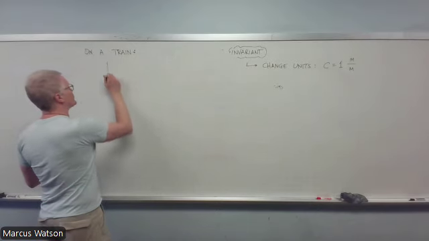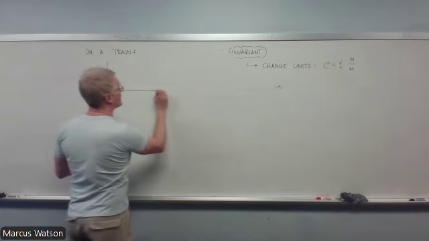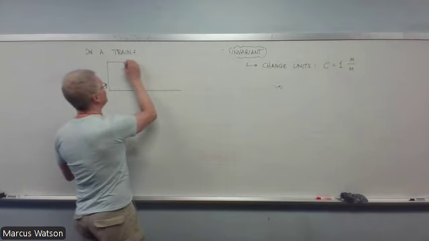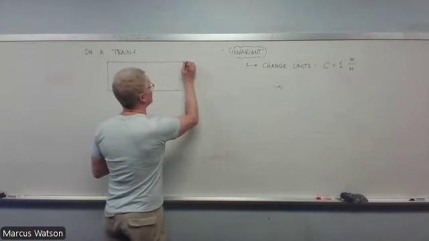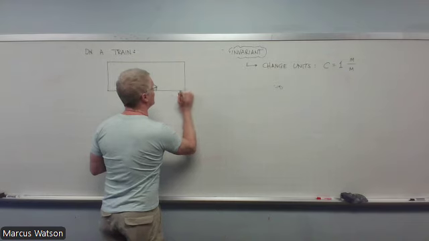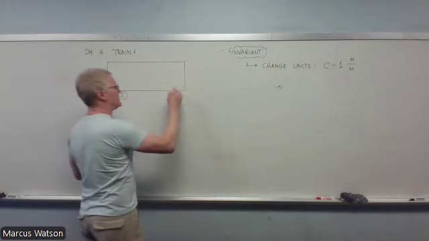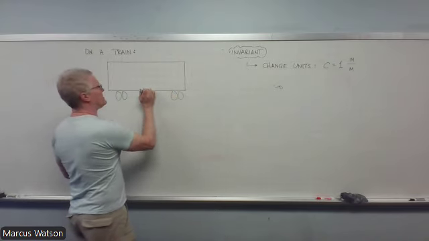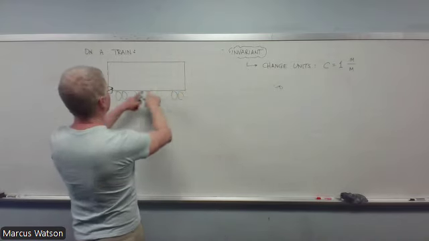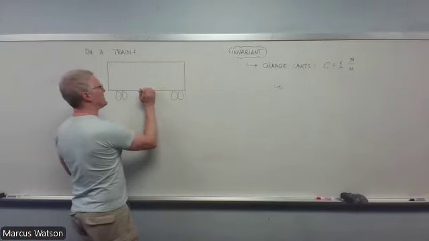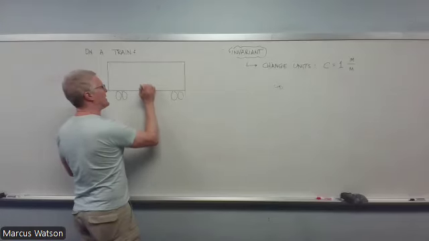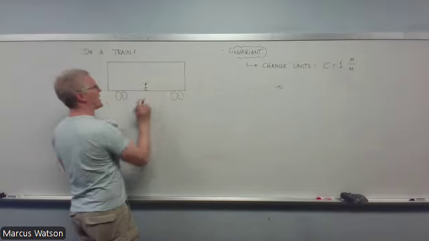So here we are on a train, and what we've done is we've installed in the middle of the train, let's see, where's the middle of this train? Looks like it's about here. So in the middle of this train, we've installed a light emitter, which I'll just mark with a large arrow here.